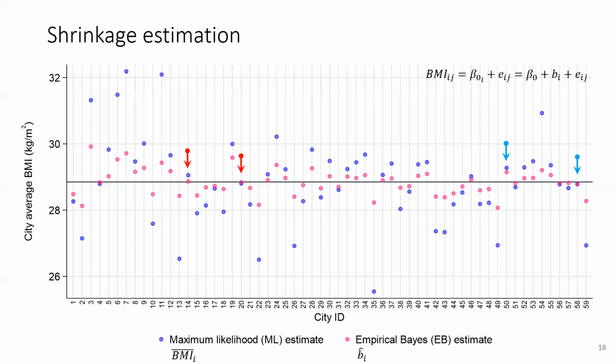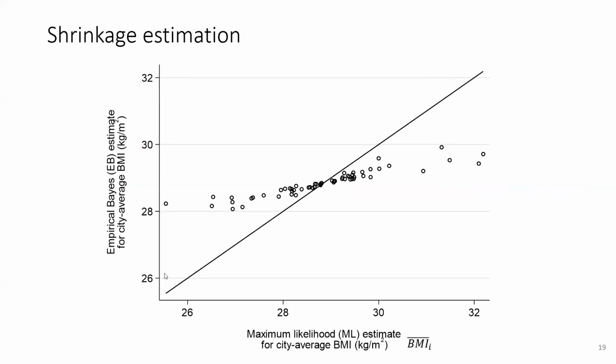And I plotted this graph using a scatter plot. The horizontal axis shows observed BMI, which is calculated by the maximum likelihood method, which is again just a simple mean. And vertically, we see the estimation given by the mixed effect model. And as you can see, for example, this city had a mean BMI of a little bit above 32.